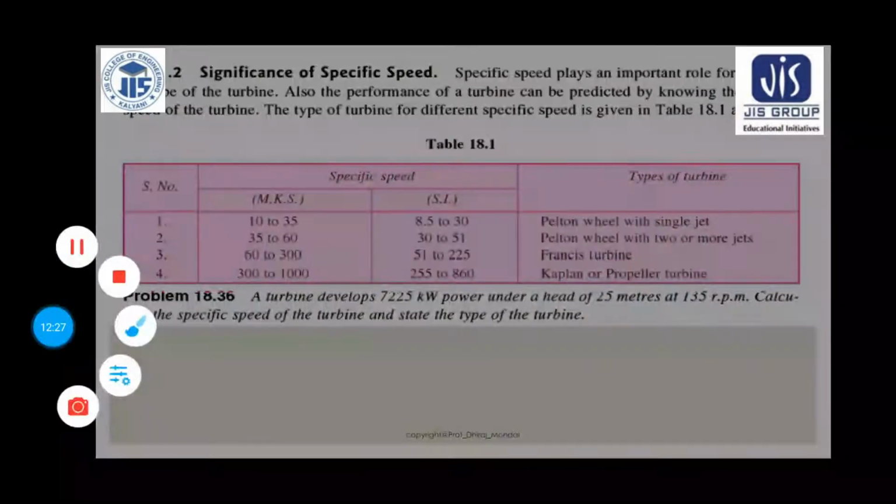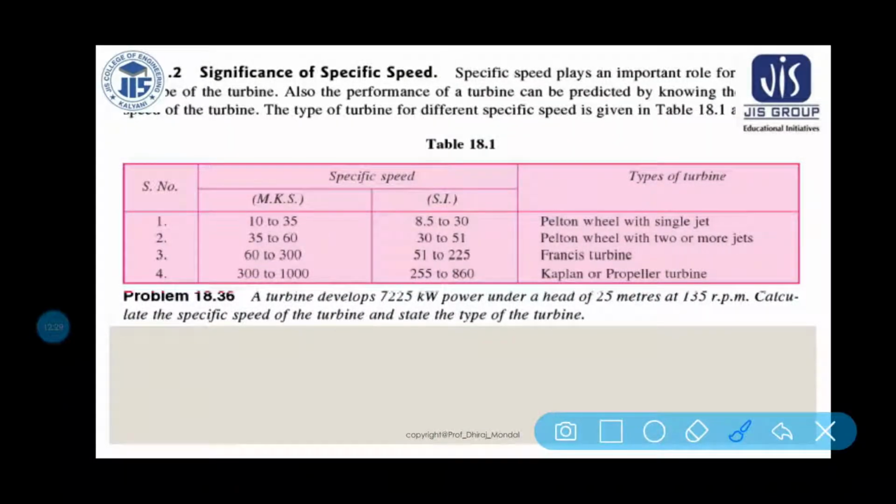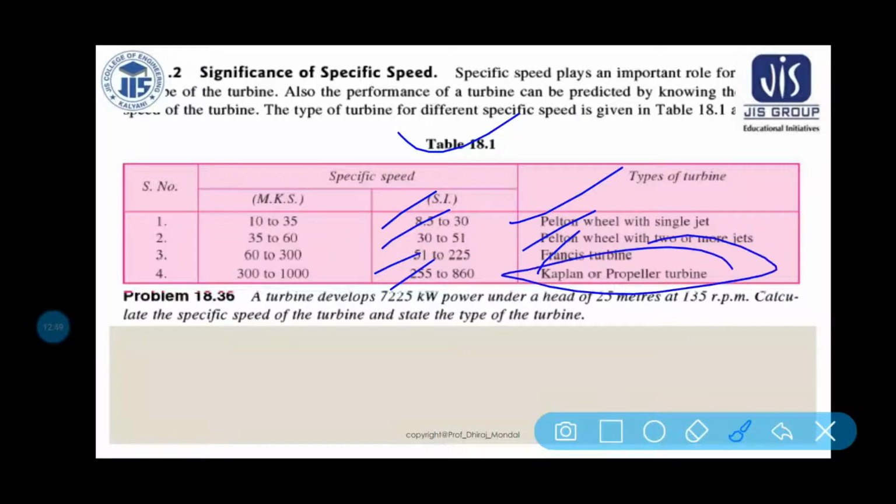So remember, in this table you can see, based on this you can say which type of turbine it is. Pelton wheel with single jet 8.5 to 30, 30 to 35, 51 Pelton wheel with 2 or more jet, 51 to 225 Francis turbine, 255 to 860 Kaplan or propeller turbine.